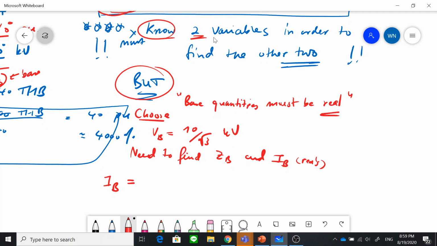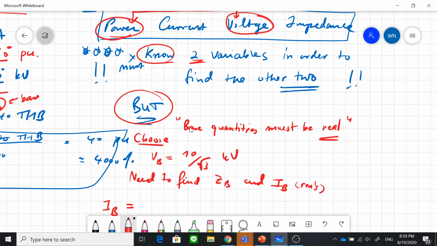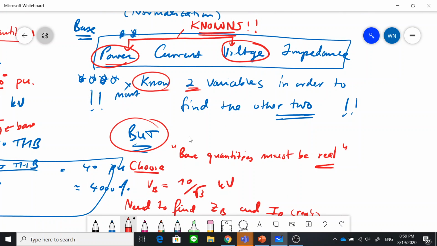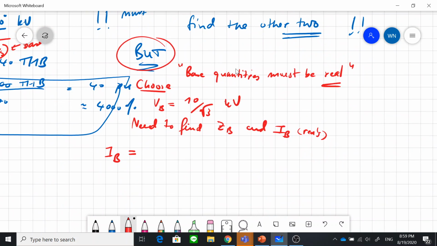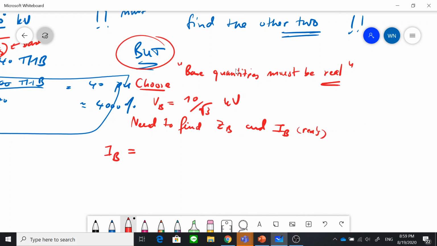We use the apparent power, or S, as the power base. So your I base would be the S base divided by V base, because S base is equal to V base times I base.